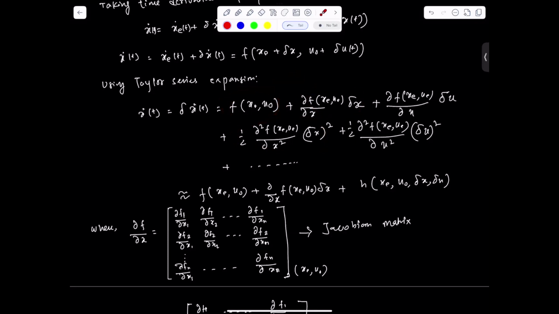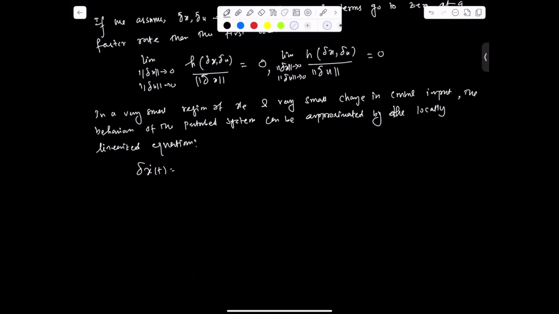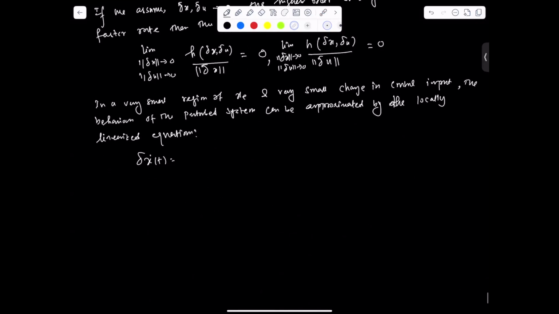So here we can write δx dot equal to ∂f/∂x at (xc, u0) δx plus ∂f/∂u at (xc, u0) δu. Let us define this as equation 3.